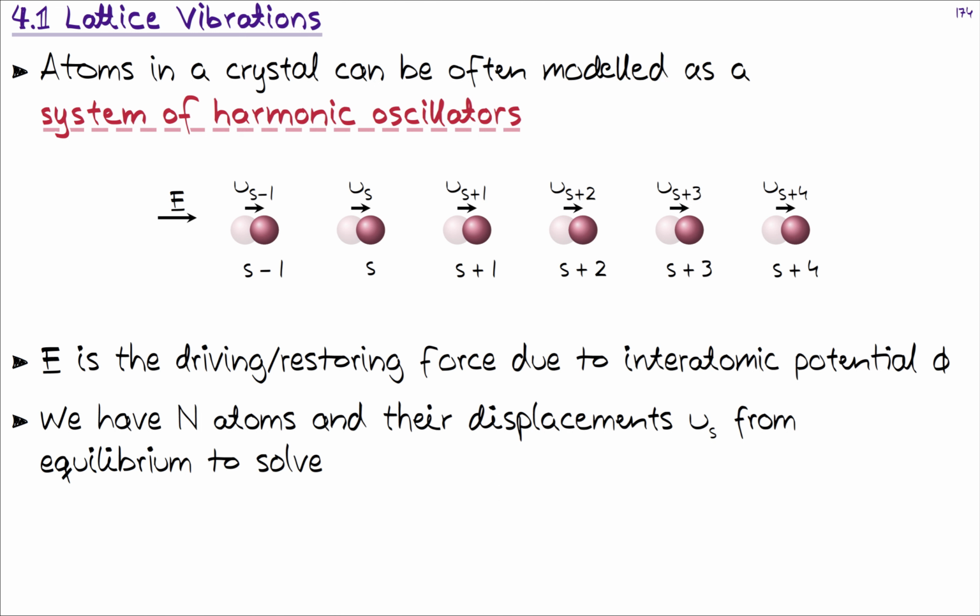And this is the system we need to solve here. So we can appreciate already that this is actually a massive problem, since we have a massive amount of atoms and oscillators, and we want to understand their dynamics. Needless to say, we need to resort to some kind of approximations, so that we can actually deal with the mathematics and get something sensible out of the problem.